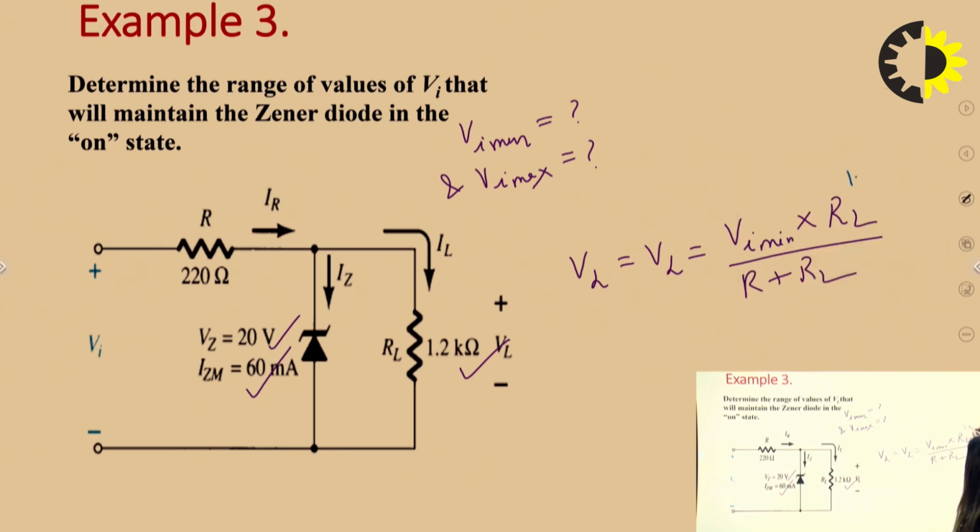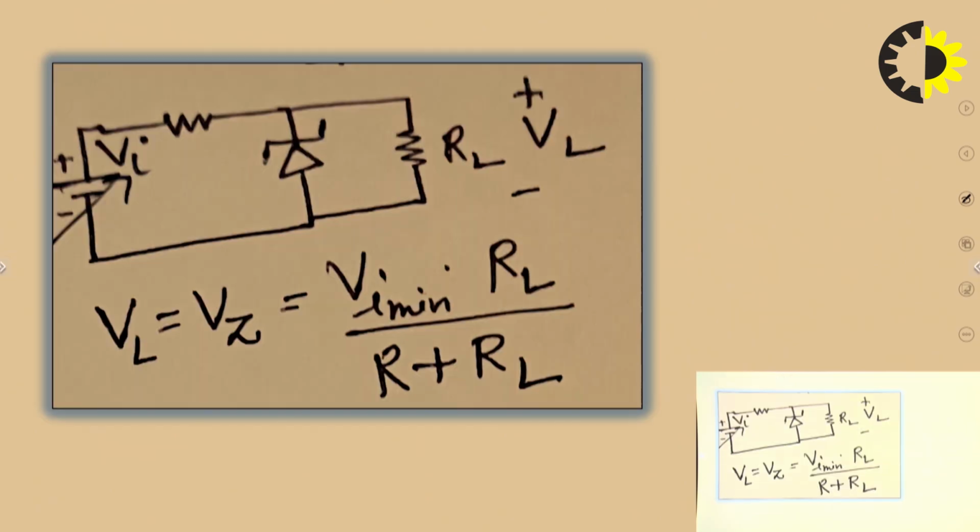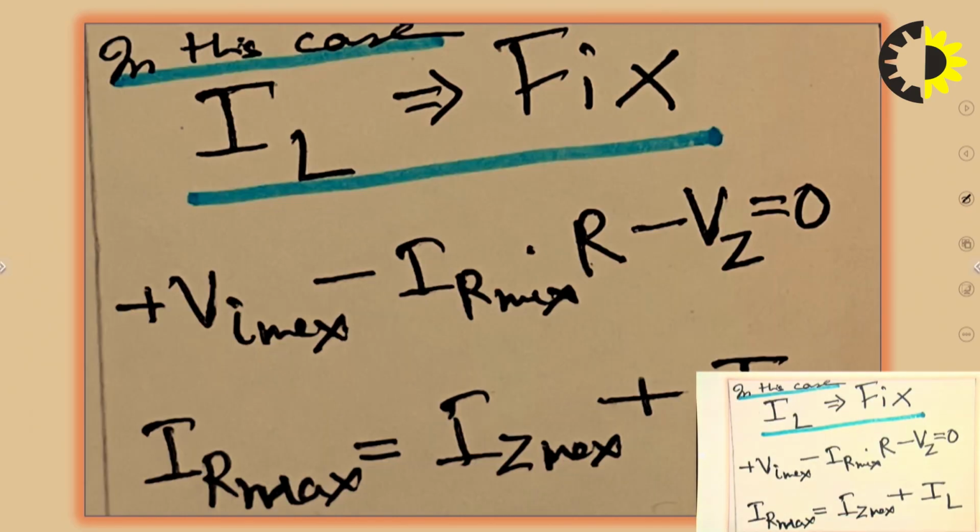This RL is 1.2 kilo ohm. This R is 220 ohm. And this is 20 volt. Put the values and find out Vi minimum. Like this, by using this particular formula, you can find out Vi minimum.